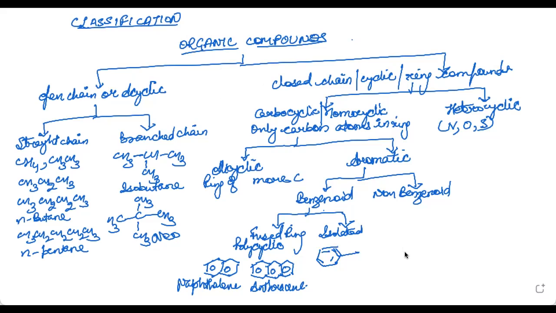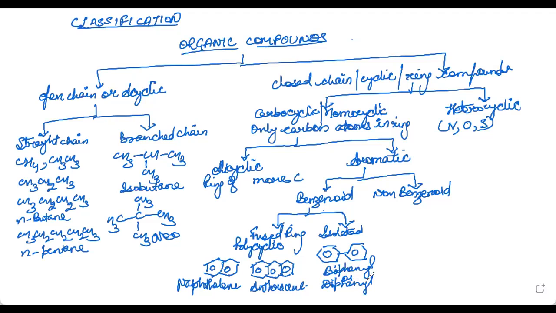Here we have one benzene ring and the other benzene ring. They are joined together by a bond. This is isolated, right? Now this is biphenyl or diphenyl. This compound's name is biphenyl or diphenyl.